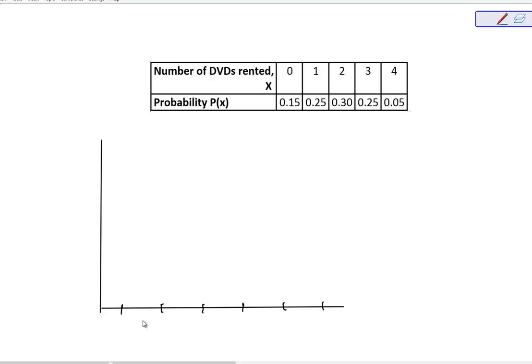So I'm going to come down here and put my x values along the horizontal axis. These are the number of DVDs rented. Number of DVDs. Remember, I always want to label my axes according to my problem. My vertical axis is always going to be the probability of x. Okay?